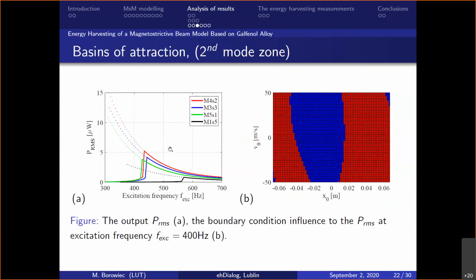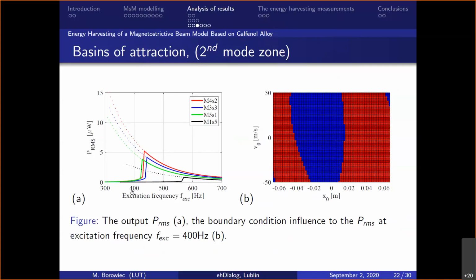Okay, and here in this slide we can see the results for the second modes, and this behavior strongly depends on the boundary conditions. When the system reaches the excitation frequency of the high resonance areas, that figure B reveals the double solutions of the vibrating system in the vicinity of the second mode.